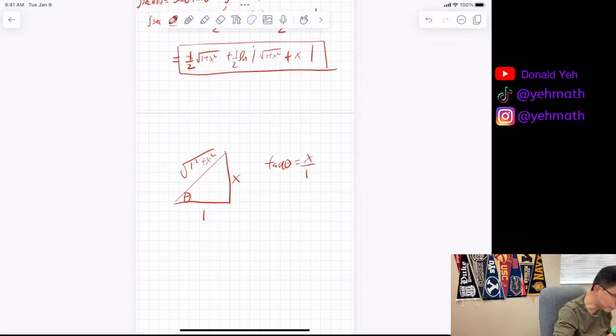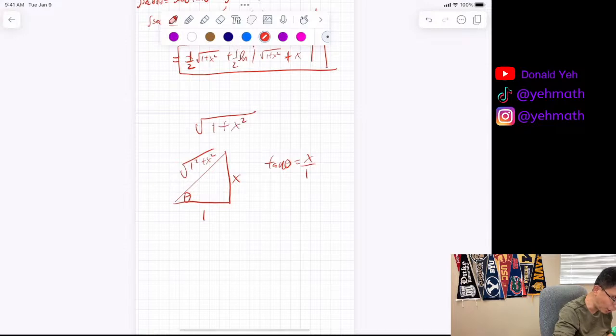So if you have, let's say, the square root of a squared plus x squared, sorry, 1 plus x squared, and the integral involves this and it's not integrable by your own rules, then you have to think about the tangent of theta.